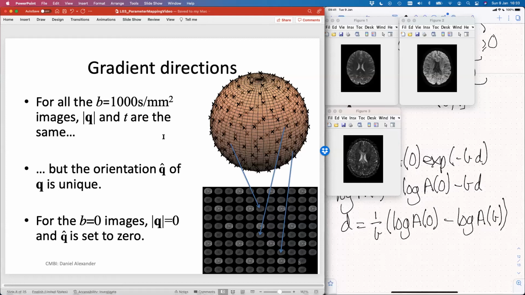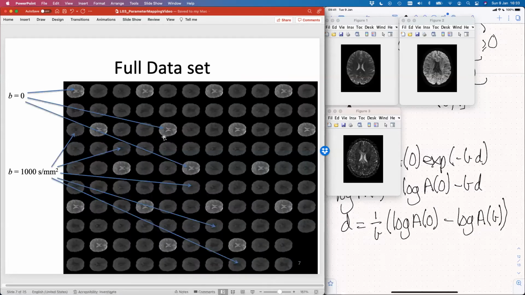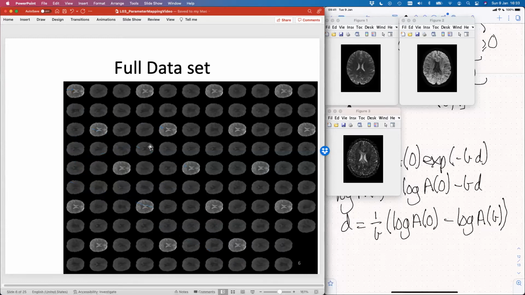And actually, if we just flip back to the previous slide, you can see some subtle differences between the diffusion weighted images. So for example, if we look at this pair here, you can see, if you look closely, that in this one here, this little sort of right pointing arrow in the center here that I'm highlighting with the mouse is a structure called the corpus callosum, a white matter structure called the corpus callosum.